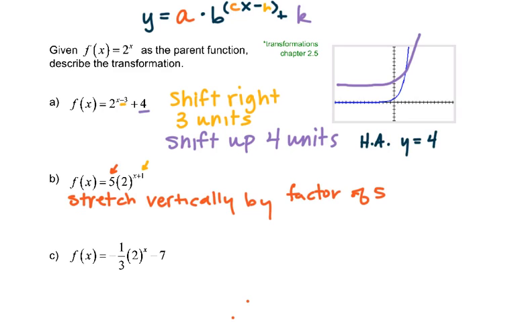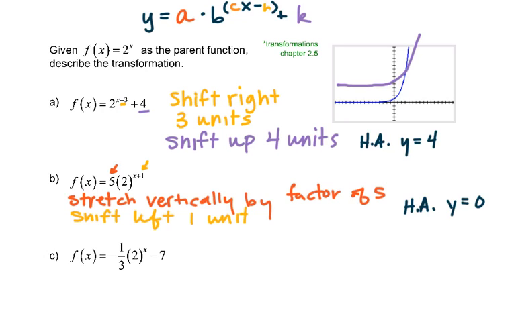So it's going to get 5 times as tall. It's going to increase more rapidly. And then we are going to shift left 1 unit. And so in this case, because we are not moving the graph up or down, that horizontal asymptote is still going to be at y equals 0.